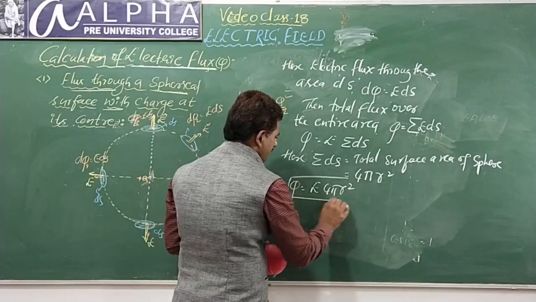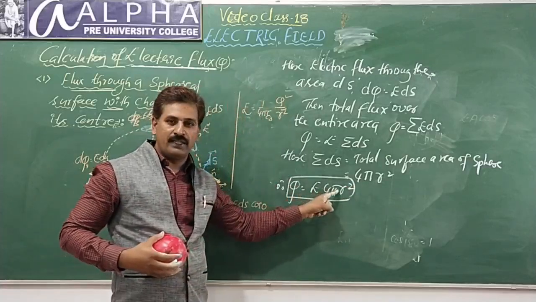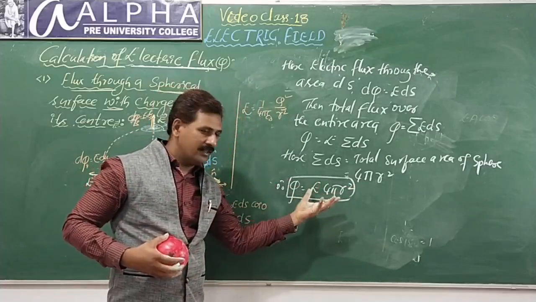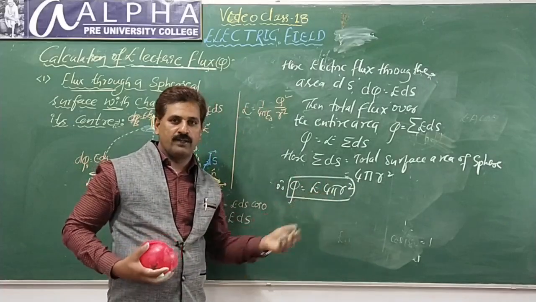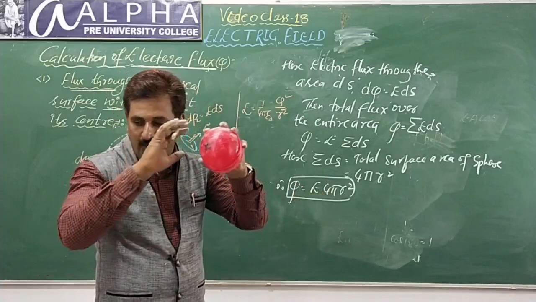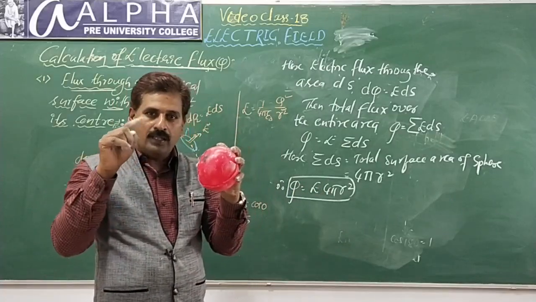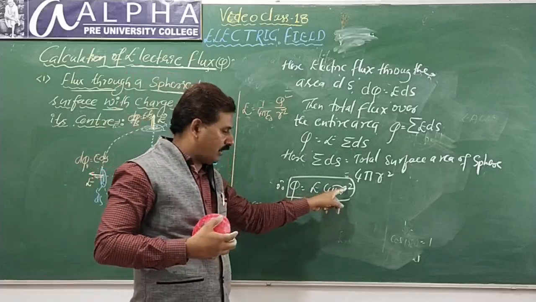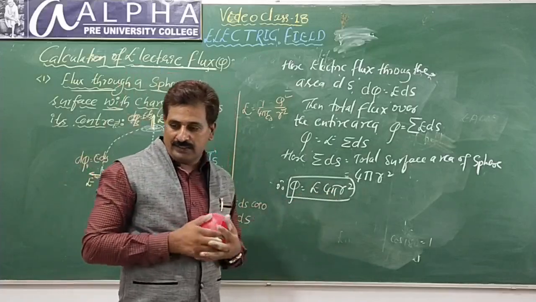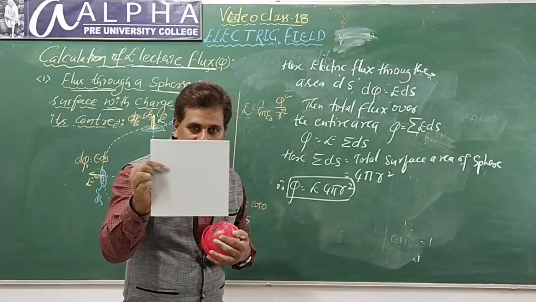This is the flux expression, right? Students, flux is always electric field into area. What is the type of area? Sphere, 4 pi r square. If it is the curved surface of a cylinder, then it is 2 pi r L into E. If you consider a square plate, what is the area?